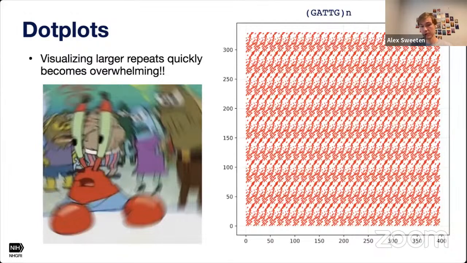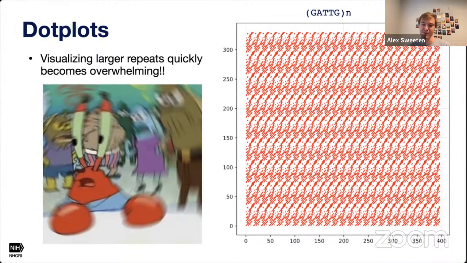However, for larger satellite repeats, this vectorized approach really loses its applicability. So here what I'm showing is one satellite repeat on the X-axis, one on the Y-axis, and the satellite repeat is a simple variance of the human satellite 3, GATTG.